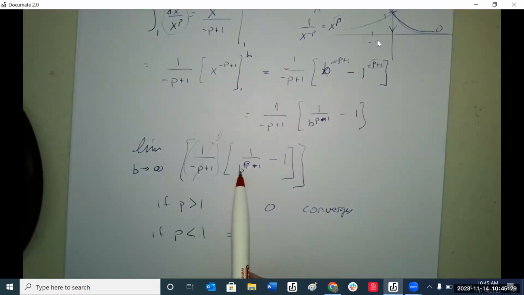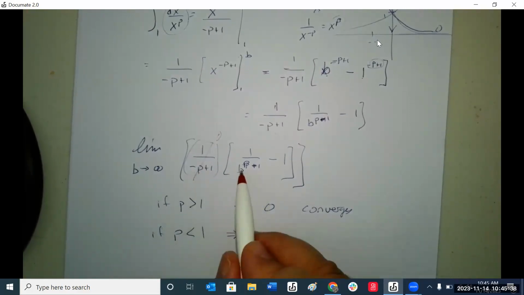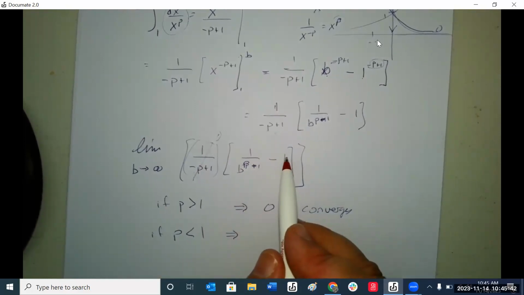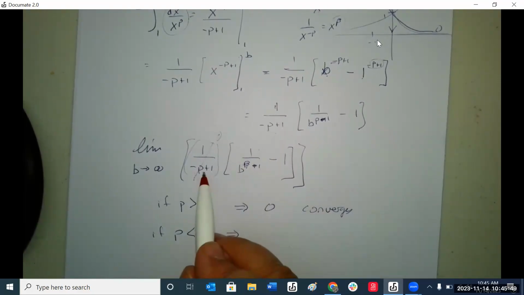Remember what P is: P is less than 1, so the exponent is negative. As B goes to infinity, this one grows faster than this one goes smaller.